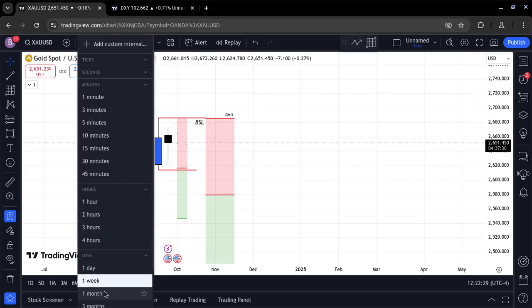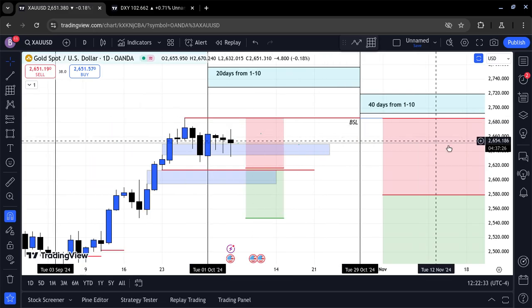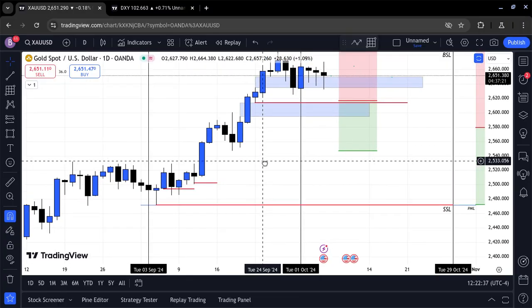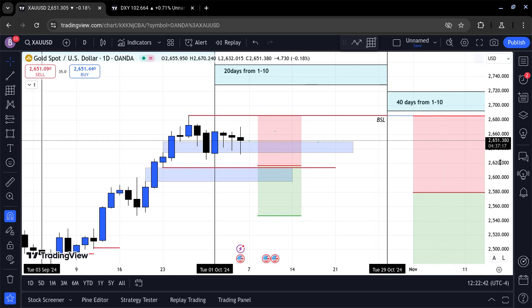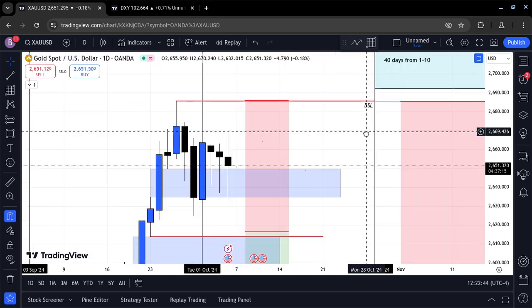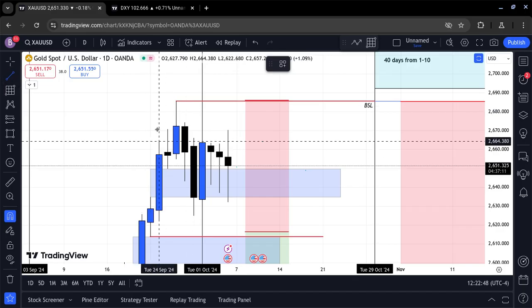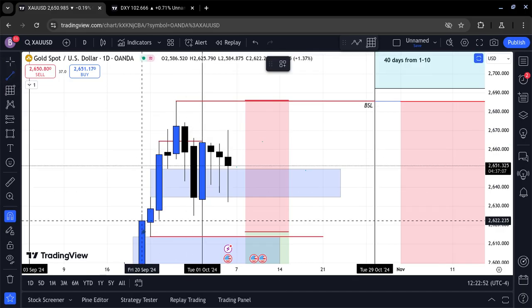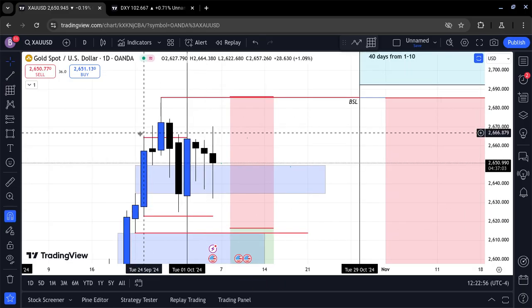For example, over here. Which particular scenario shall I give you guys? Right here we have this candle, and then we have this closed above right here.